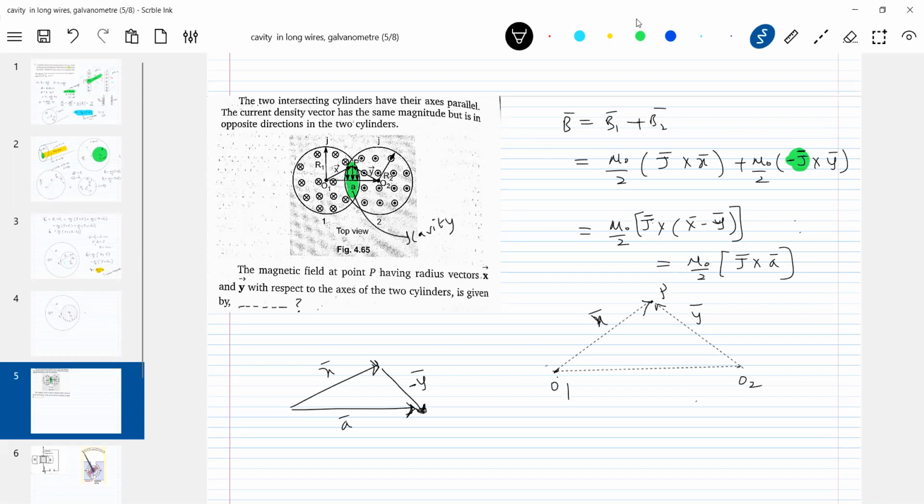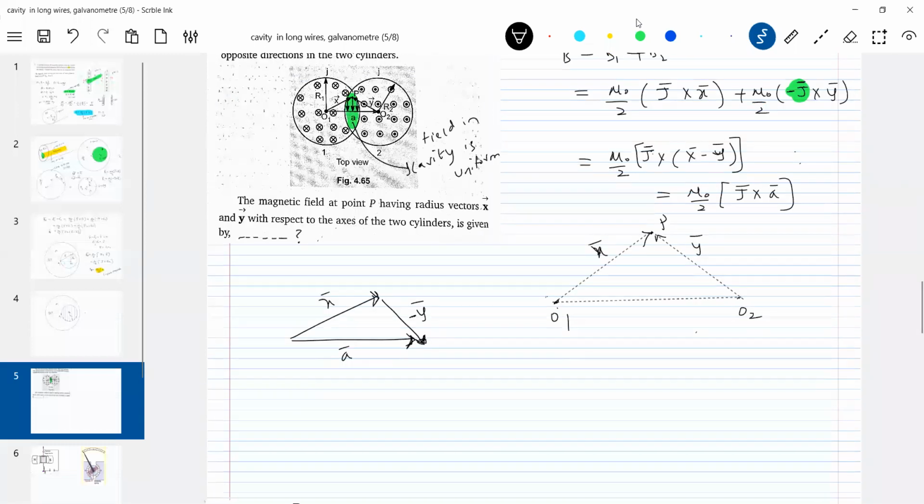It should be uniform. The field in the cavity is uniform. Earlier in the circular region it was uniform. Now in this structure it will also be uniform.